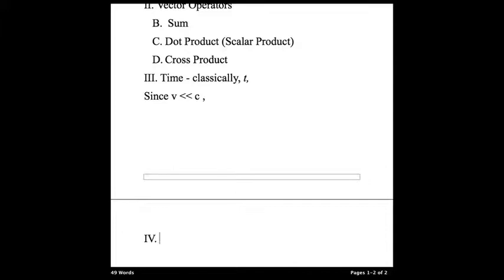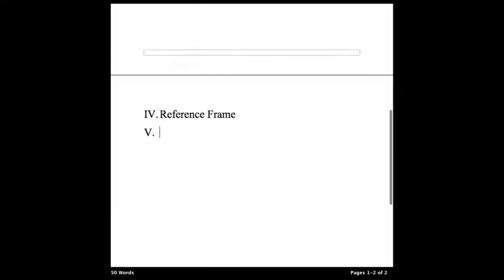So finally, something kind of cool. Reference frame. A reference frame is, like I said, the coordinate system set up in space. That is where you will refer to a point of origin. That is from where position is measured, and also time and velocity is relative to a reference frame that can be stationary or inertial.